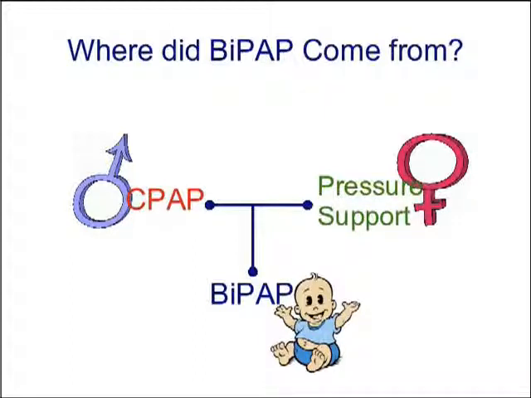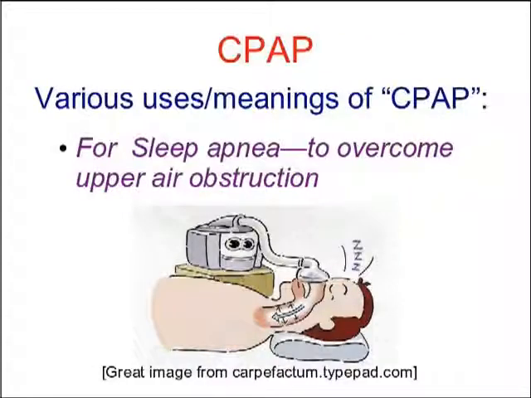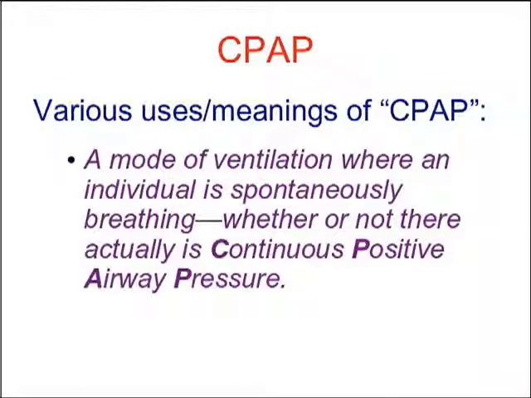Since CPAP predates BIPAP, let's talk about that a little bit. But let me warn you, CPAP has several distinct yet related definitions, or meanings, you might say. For example, continuous positive airway pressure is used for sleep apnea to overcome airway obstruction, like you see in the cartoon. Let me clarify, upper airway obstruction.